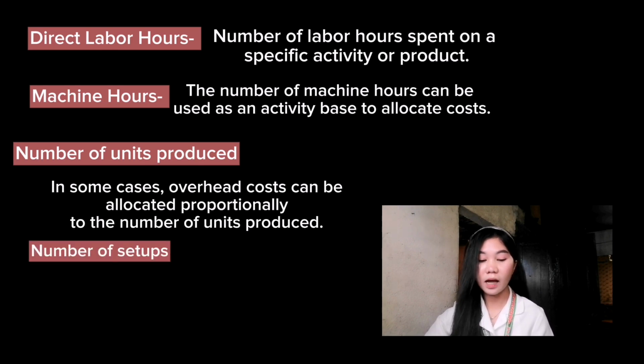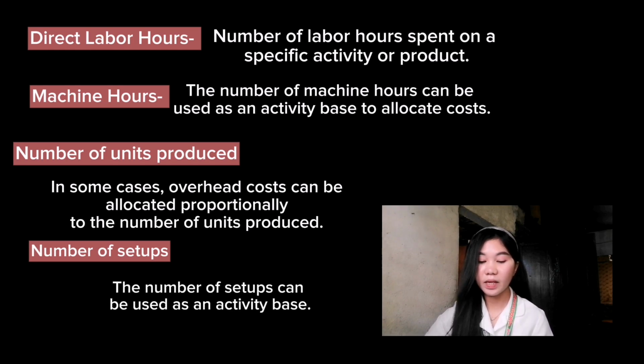And for the number of setups, for production processes that require multiple setups, the number of setups can be used as an activity base. Selecting the right activity base depends on the nature of the business and the type of cost incurred. It is crucial to choose a base that accurately reflects the relationships between the activity and the overhead cost to ensure accurate cost allocation.